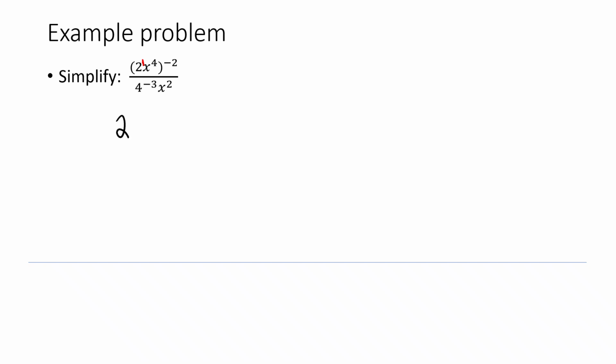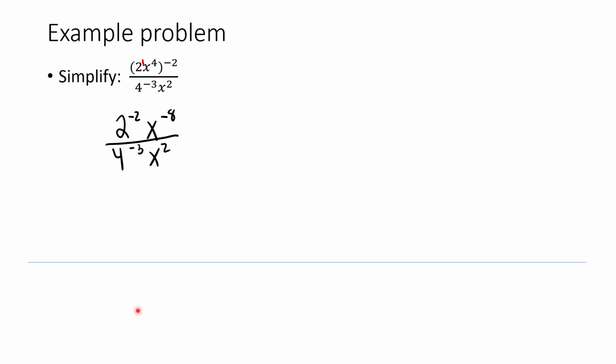So we would have 2 to the 1 times -2, so that's 2 to the -2. And then x to the 4 times -2 gives me x to the -8. I'm not going to do too much at once, because the more steps you try to hold in your head without writing them down, the greater your chances of losing track.